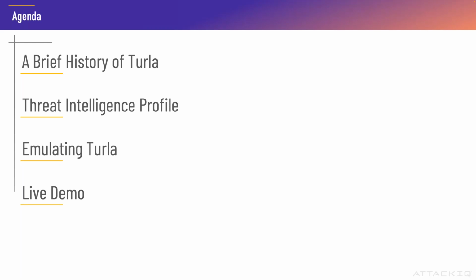This is something that we created earlier this year, and I'll be covering at a fairly high level the various stages of that particular attack graph. That will be a good segue into how we can not only emulate Turla using the attack graph, but the more central topic of today, how we can actually emulate Turla using Flex.